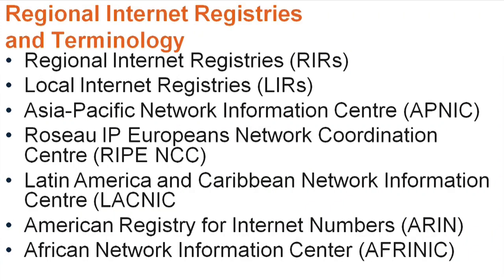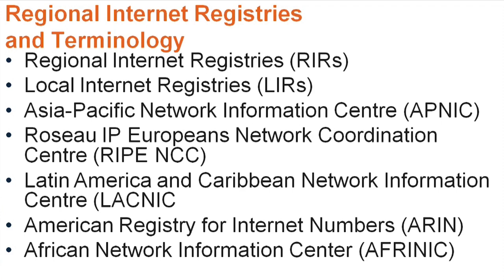Regional Internet Registries and related terminology. Regional Internet Registries, or RIRs, are a group that get together and manage DNS for that region of the world. They manage relevant TLD names, you know, the dot whatever, like .com is America, things of that nature. So the local Internet registries are more regionalized, so those are abbreviated by LIRs.